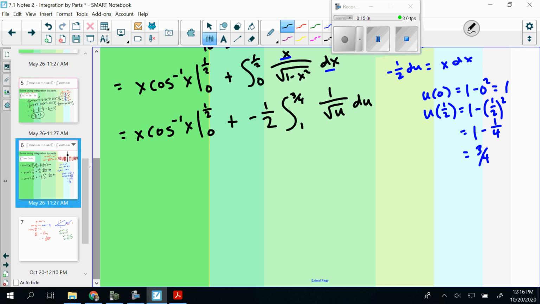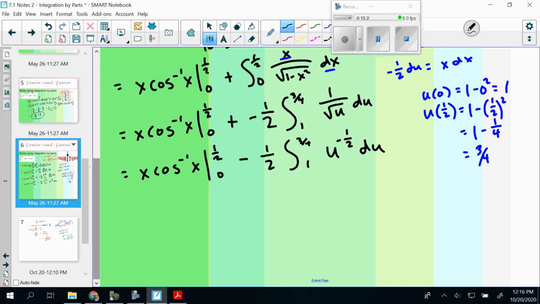All right, so now let's see if we can do this antiderivative here. An easier way to think about this one looks like it's going to be to think of this as u to the negative 1/2 by moving that up to the numerator and thinking of square root as 1/2.